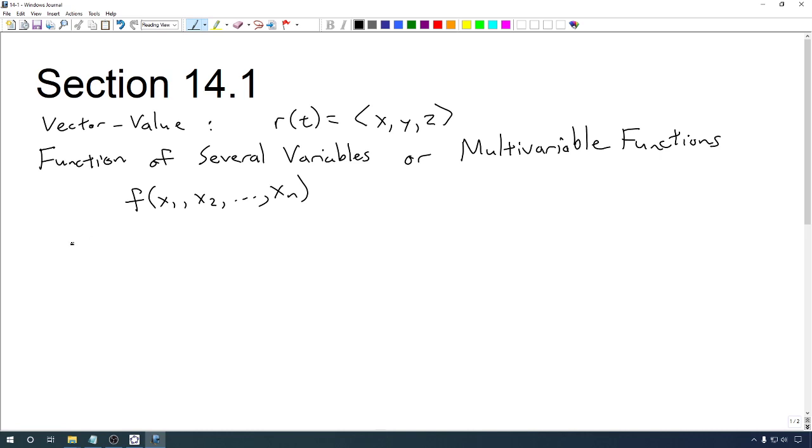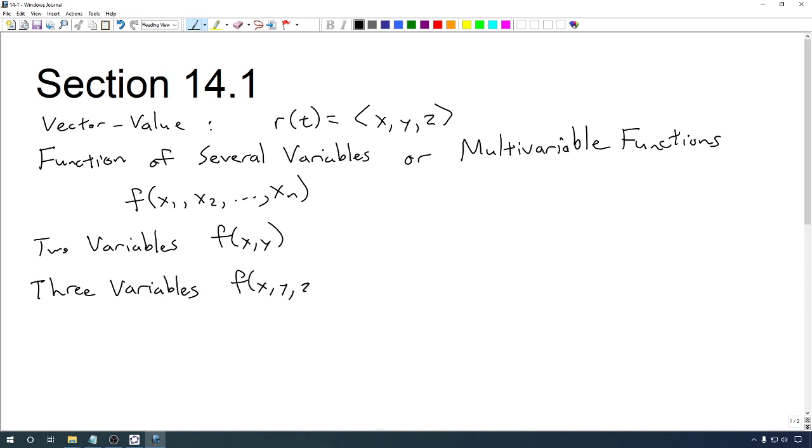Now, of course, in this class, we're not going to go too far with this. Just like with our vector-valued ones, we limit ourselves to x, y or x, y, z. Here, we'll usually look at functions of two variables, something like f of x, y, or three variables, f of x, y, z.